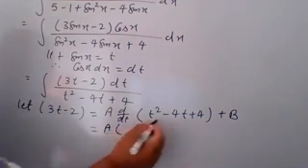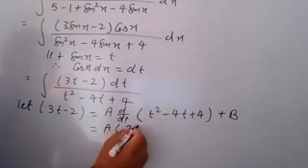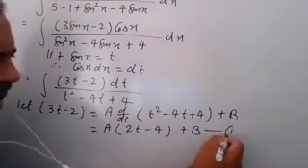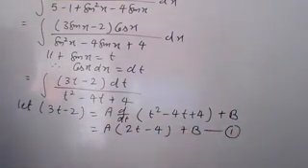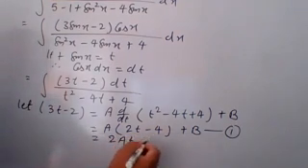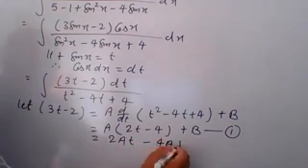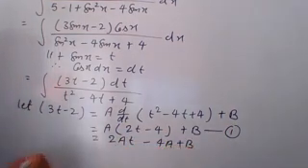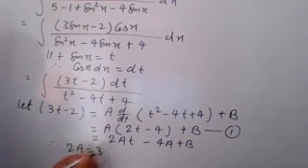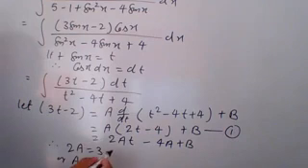So a into 2t minus 4 plus b. This is your first equation. Now multiplying, you have 2at, and here you have minus 4a plus b. Now comparing both sides, 2a is equal to 3, or a is equal to 3 by 2.